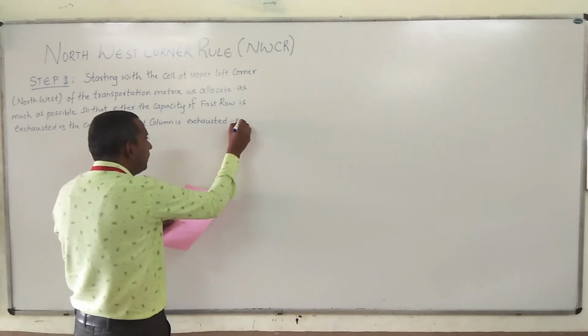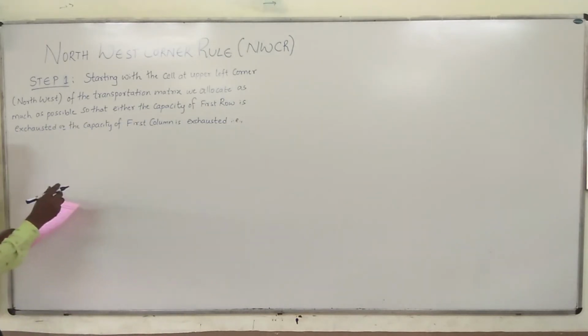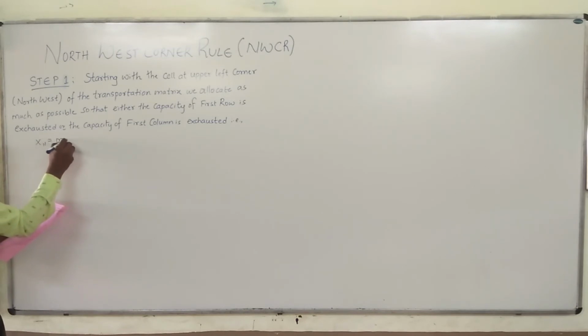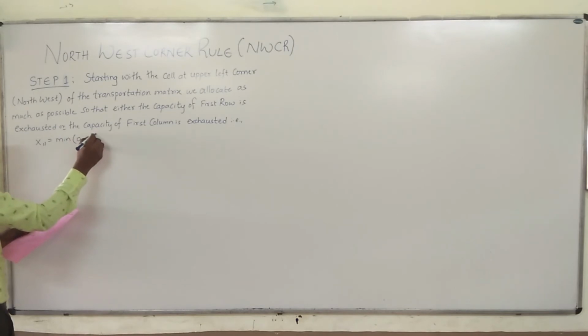That is, x11 is equal to the minimum of a1 comma b1.